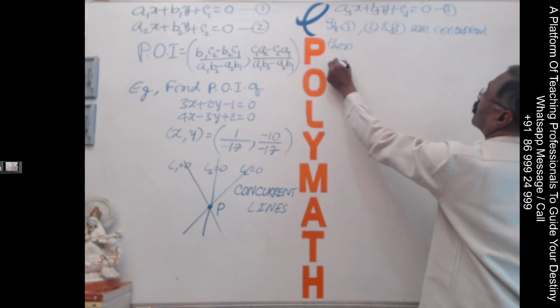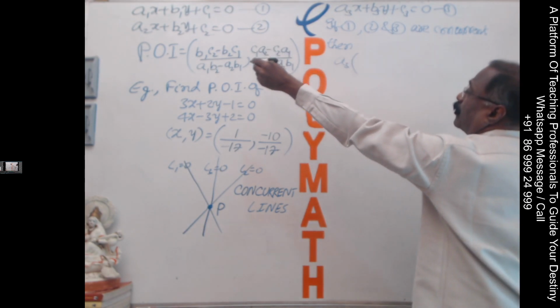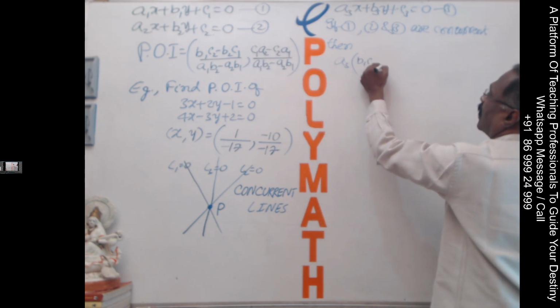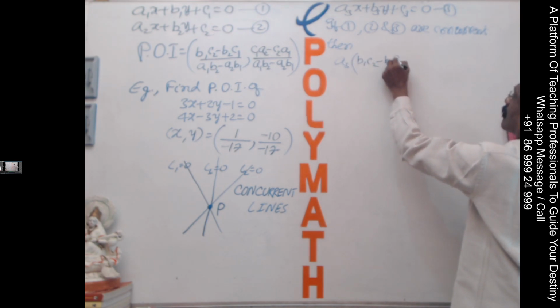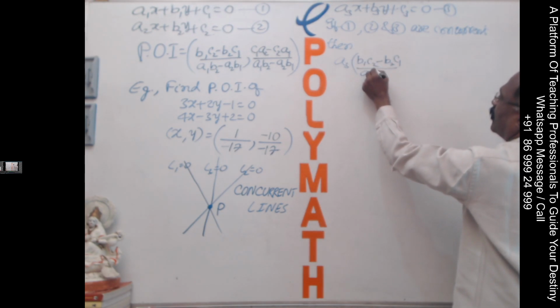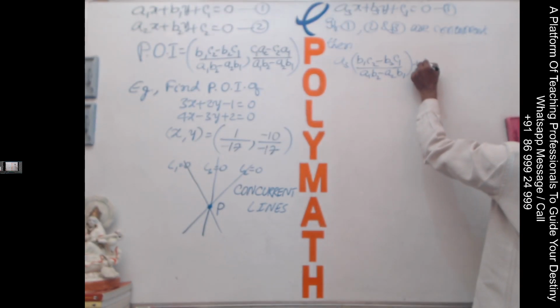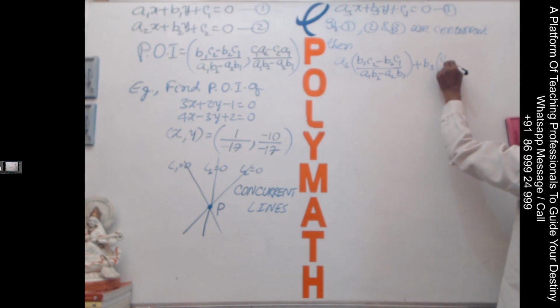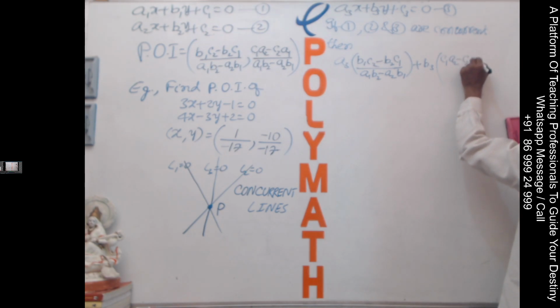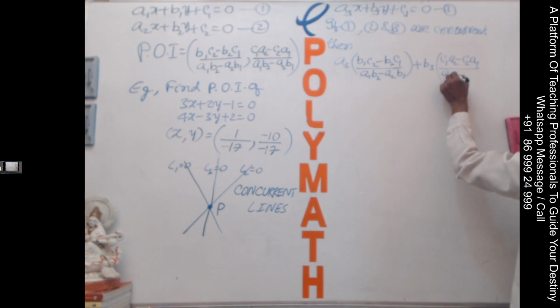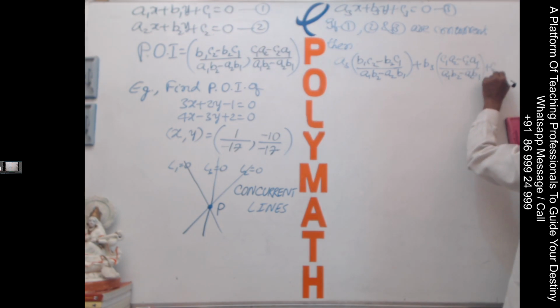Now, this is A3 into (B1C2 minus B2C1) divided by (A1B2 minus A2B1), plus B3 into (C1A2 minus C2A1) divided by (A1B2 minus A2B1), plus C3 is equal to 0. See that, please.